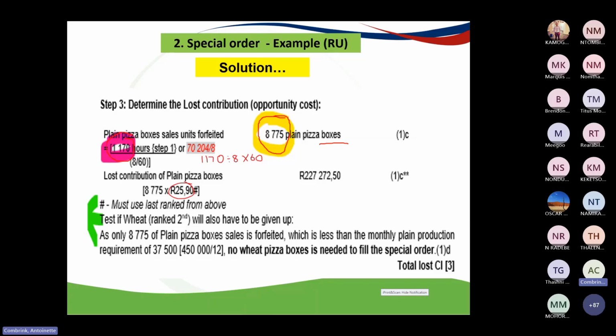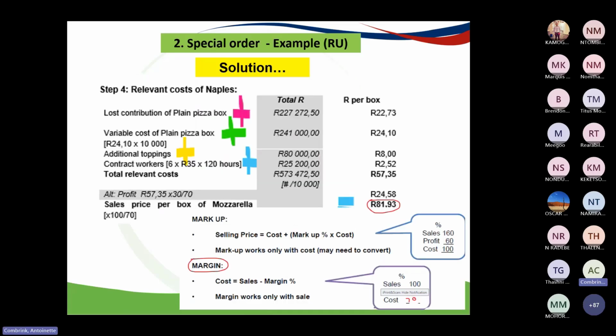So that is how many pizzas of plain I can't make, and I'll have to give up the 25 Rand 90, which is that lowest contribution that we've calculated there. So that gives me a total of 227,000. And that is what we then slot into our calculation.